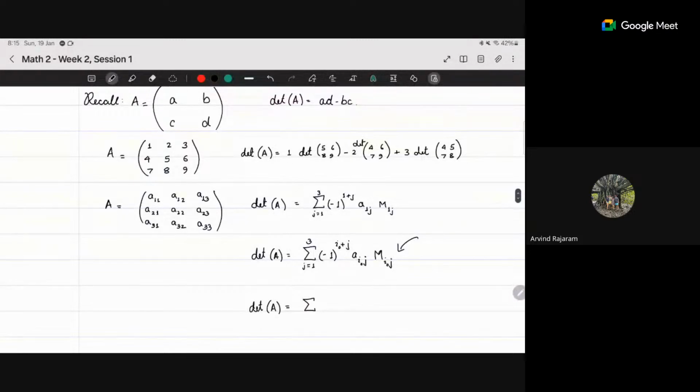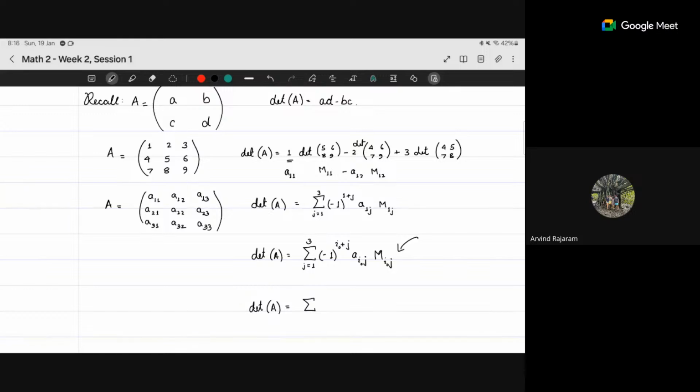So this is A11. M11 is the minor, the determinant of the submatrix obtained by deleting the first row and the first column. That is 1, 1. Minus A12, M12: this is the determinant of the matrix obtained by removing the first row and the second column.